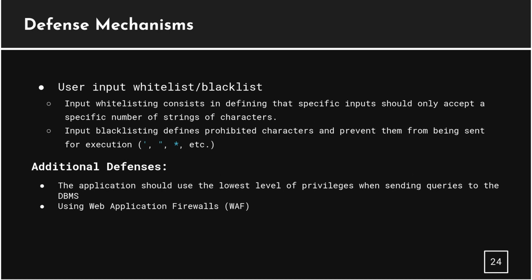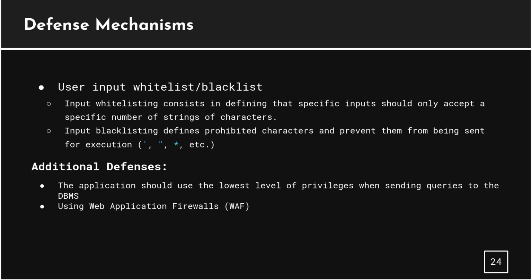Next up, we also have user input whitelisting or blacklisting as a defense mechanism. Input whitelisting consists in defining that only specific inputs are accepted in the inputs of the web application.